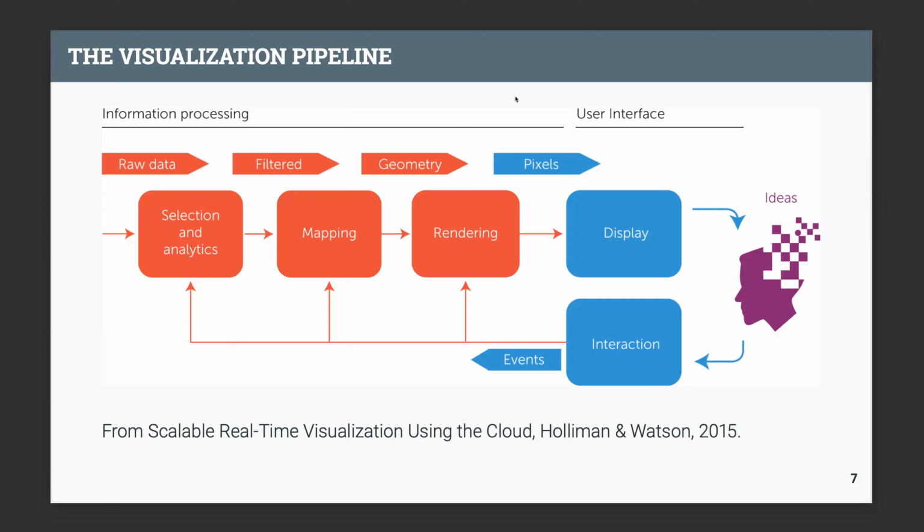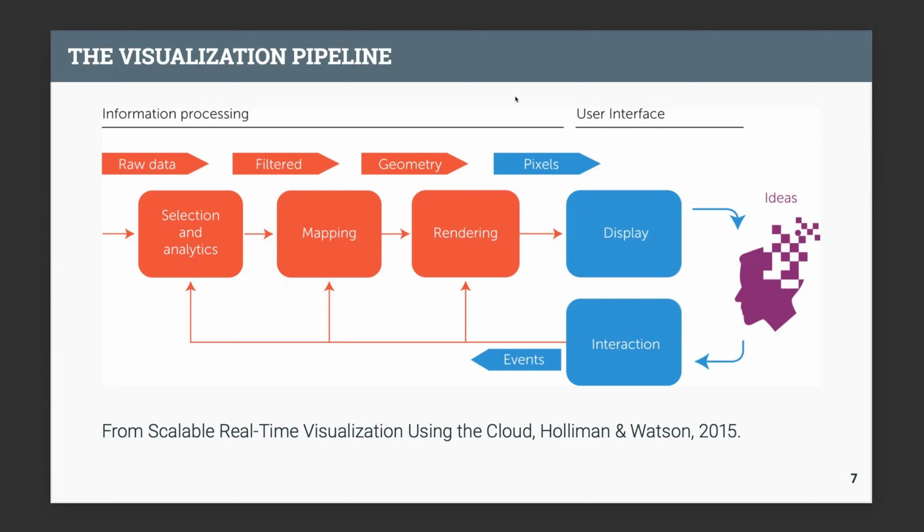You first need to select the data, because you can have a lot of data from your research or your work, and you cannot put everything on the screen or in an article. Then you have to decide how to map the data to figures, and I will show you some examples later. Let's say you have X and Y coordinates for some quantity.